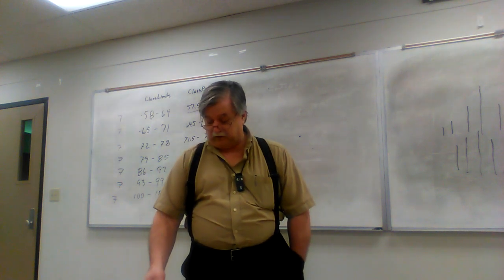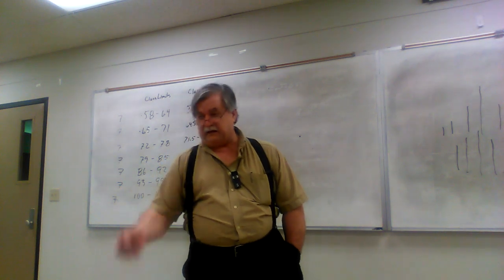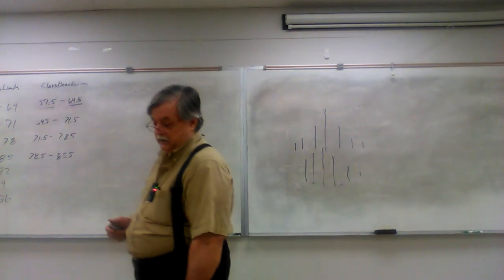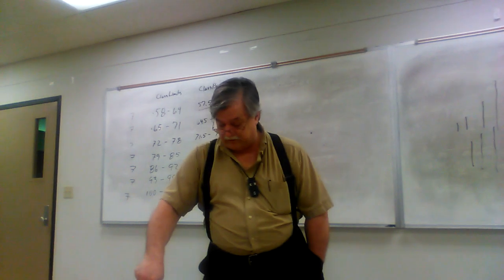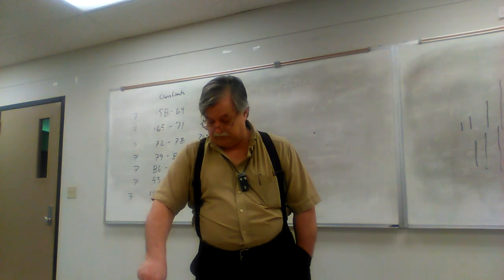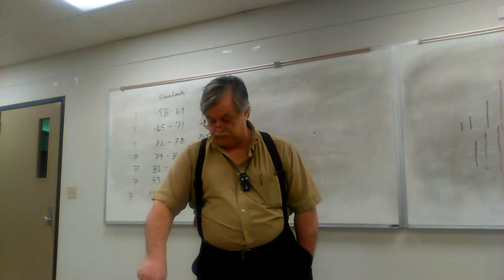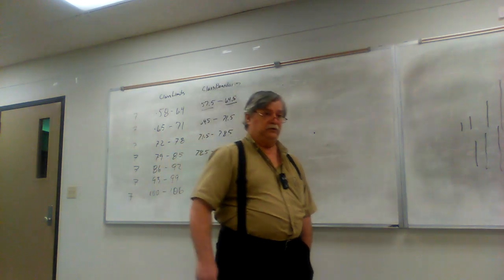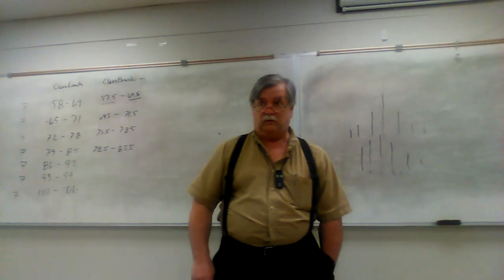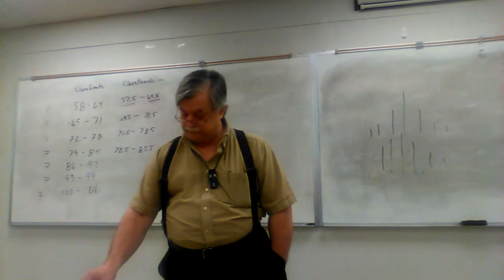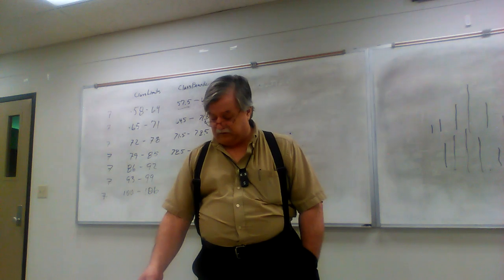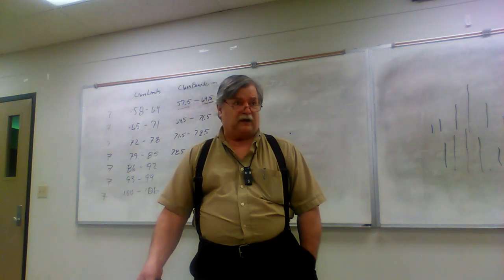First, determine the classes. Find the highest and lowest value in your data set. That is your total range. Decide how many classes you want to divide your data set into. Then divide the range by the number of classes.